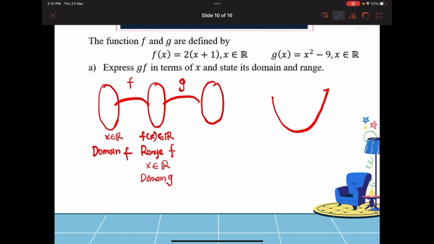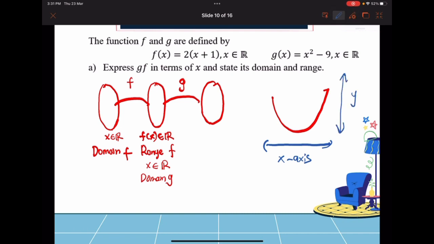Now, let's look into the x-axis. If you notice, your U shape will continue to increase and will cover mostly all values of x. So that's why the domain of g covers all real numbers. But what happens towards your y?